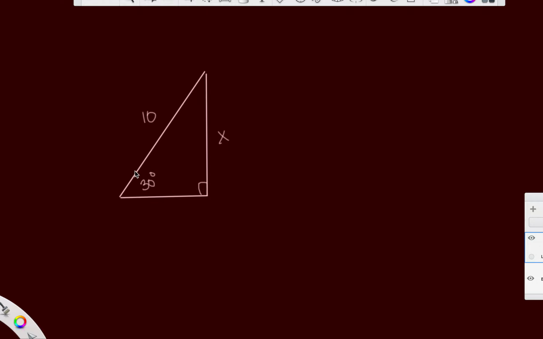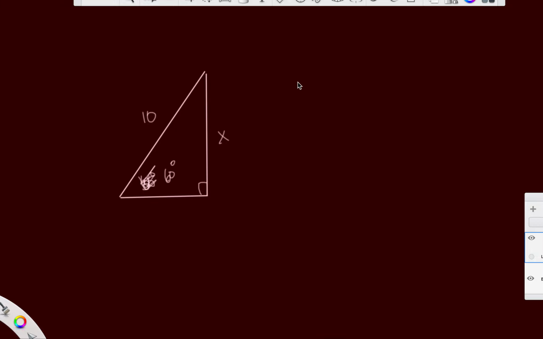If you know this was launched at 10 meters a second, at an angle of 30 degrees. I don't know why I said 30. This should be 60. Because up there should be the 30. 60 degrees. I don't have time to go back. It takes too long to make these videos. All right, let's say 60.